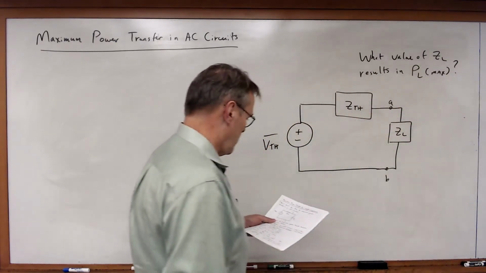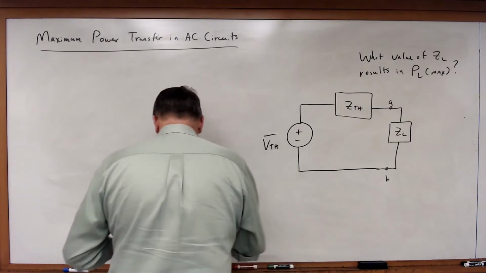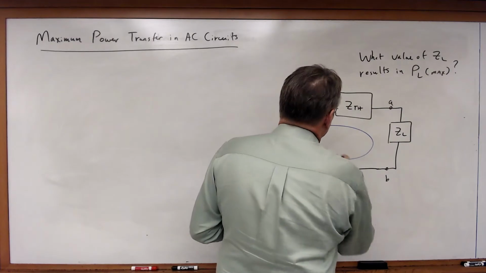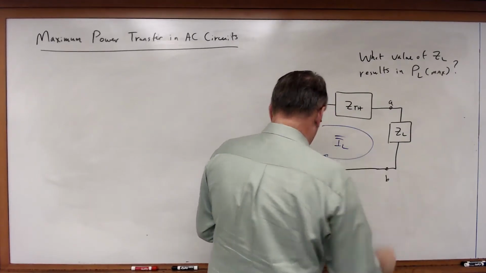Okay, so in this case, I'm going to define a current flowing around this circuit. I'm going to call that I sub L.